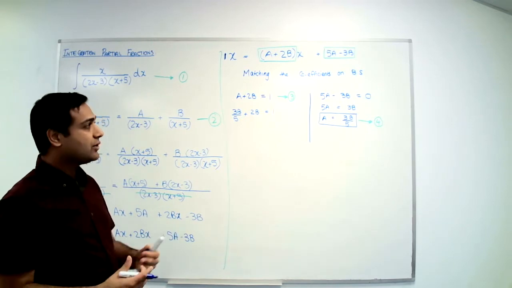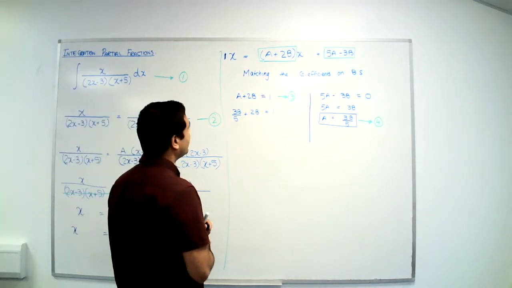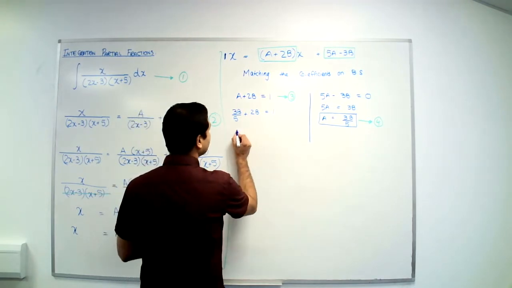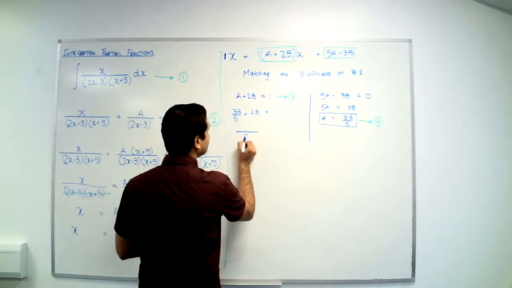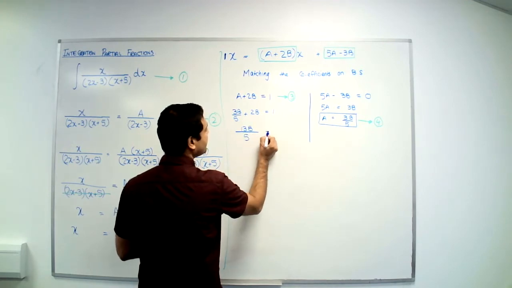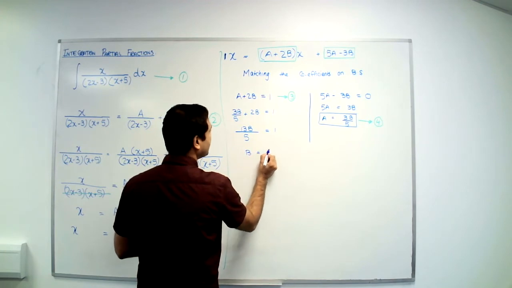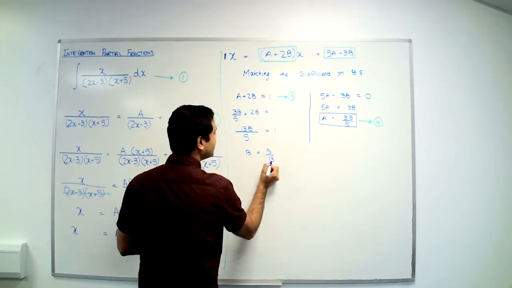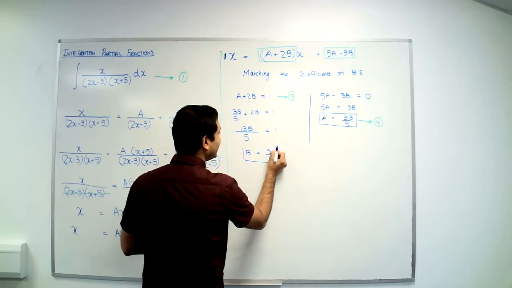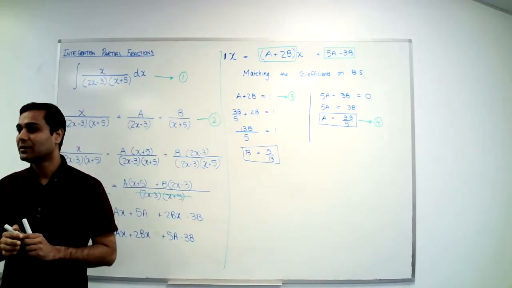If I add them together, how many b's is it going to give me? 10b over 5. So that's going to give me 13b over 5 equals 1, which means b equals 5 over 13. Leave it like that. You don't need to convert that into decimal.